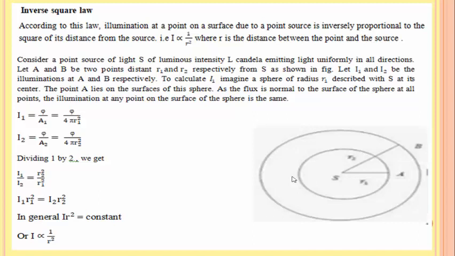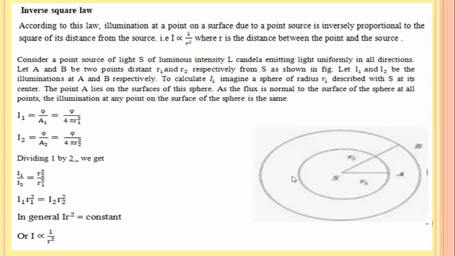Consider a point source of light S of luminous intensity L candela emitting light uniformly in all directions. Let A and B be two points at distances R1 and R2 respectively from S as shown in the figure. Let I1 and I2 be the illuminations at point A and point B respectively.